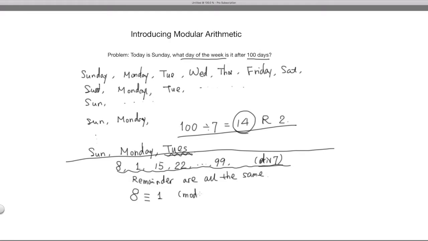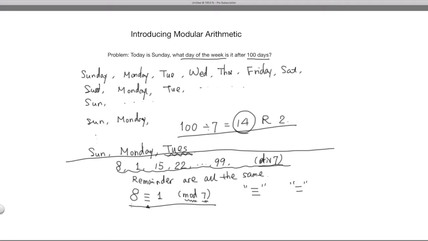It's not exactly equals. If you look at this equals, it's actually 3 lines, compared to a regular equals with 2 lines. And it reads as congruent. So this reads: 8 is congruent to 1. And here, modular 7 really means it's divided by 7 and we look at the remainder.